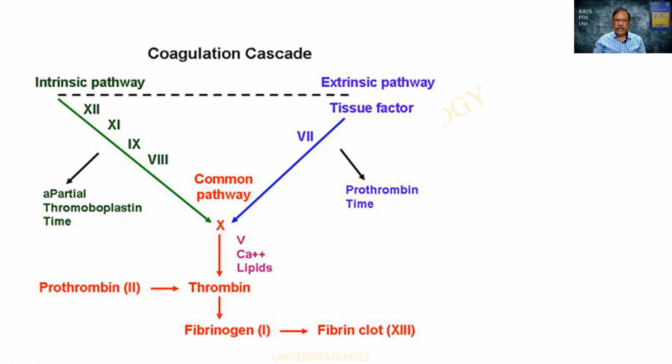And from 10, prothrombin is converted to thrombin, and this is helped by means of factor 5, which is called a labile factor, otherwise calcium and lipids. In the question paper, I was a little surprised to see that factors such as calcium, APTT, etc. were being asked as questions.